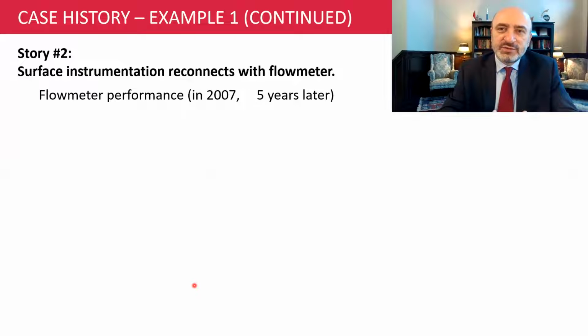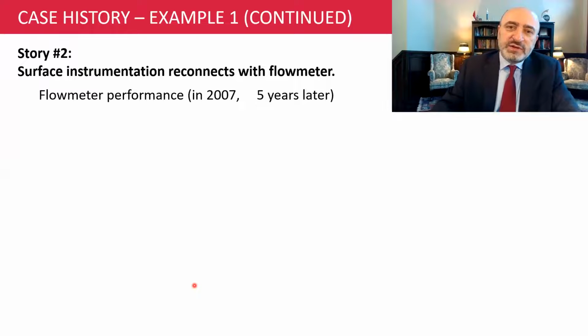And so they can't really get any data from the flow meter. The reasons for the damage were not made clear, but the region is a high hurricane-rich region. And we suspect that in one of those adverse weather conditions, there could probably be a power failure.